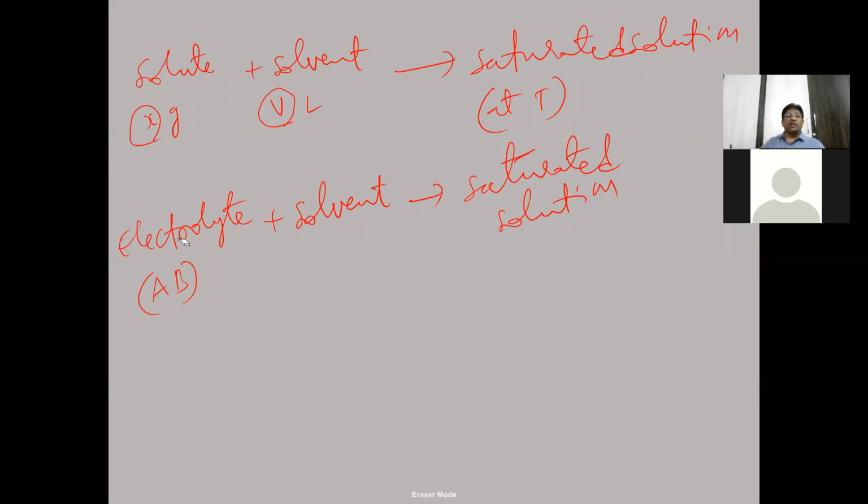Whatever is required will be dissolved in the solvent to give the saturated solution. After that, the extra electrolytic solute we add will go to the bottom as undissolved solute. Between the undissolved solute and the solution, there will be equilibrium, which is called dynamic equilibrium.